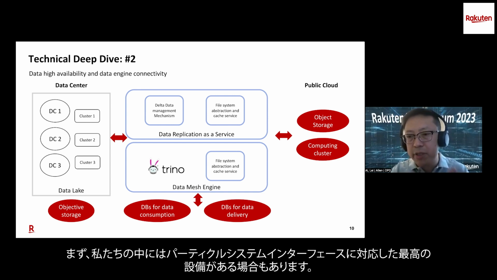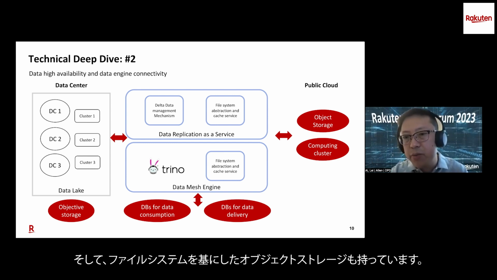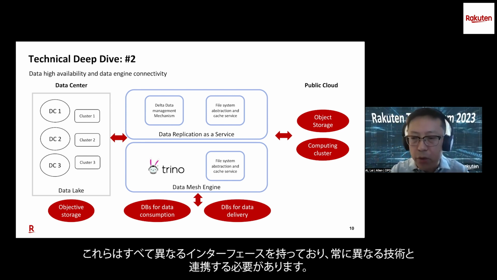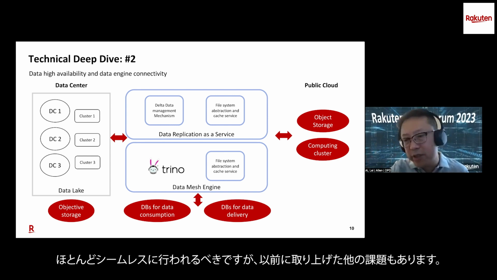For example, in some data centers we have Hadoop HDFS, which is a POSIX system interface, and we also have object storage based file systems. All this storage has different interfaces, right? How should we work with all the different technologies smoothly and seamlessly?